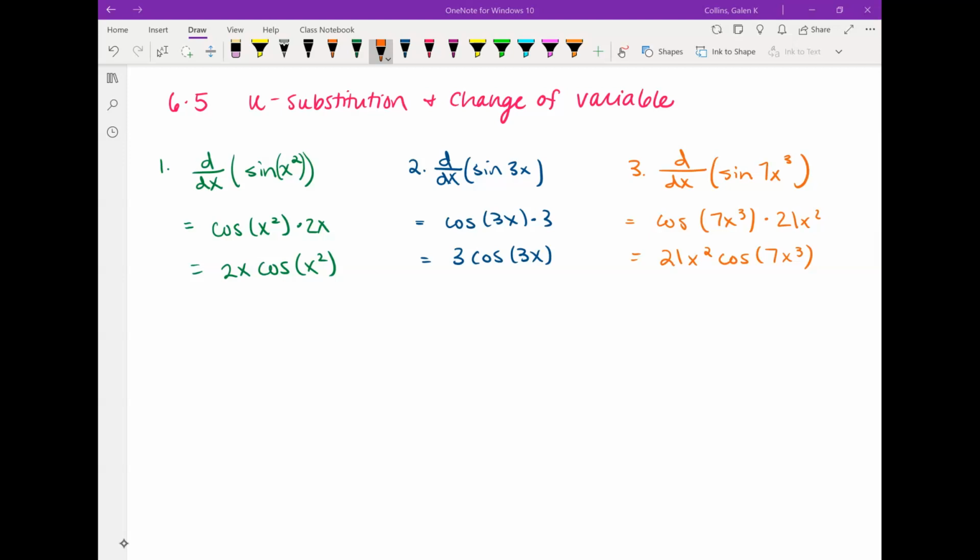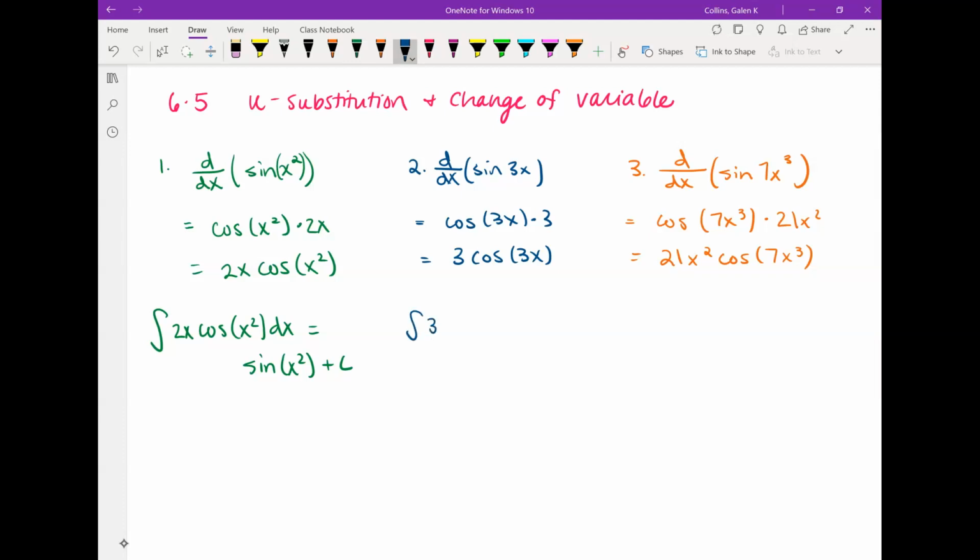So it stands to reason, if we understand the relationship between the derivative and the antiderivative, that if I take the antiderivative of 2x cosine of x squared, I should in fact get the sine of x squared plus c, my constant of integration. The same is true in number 2.